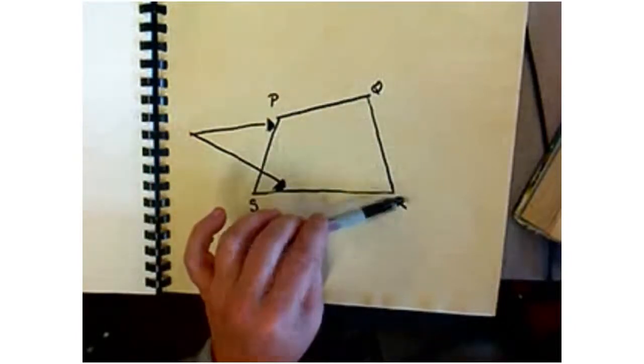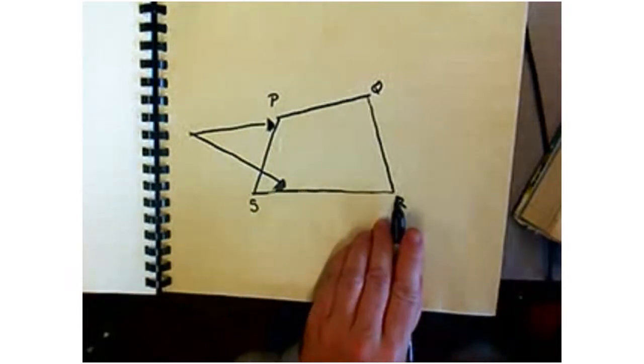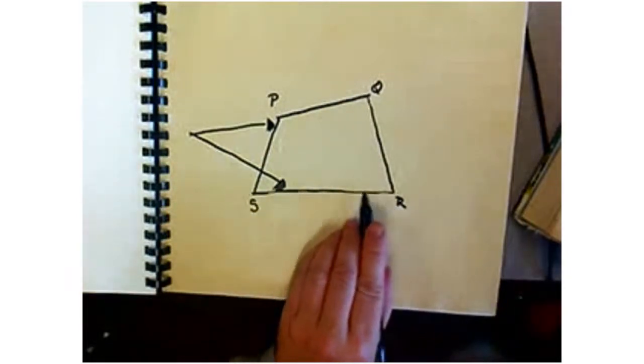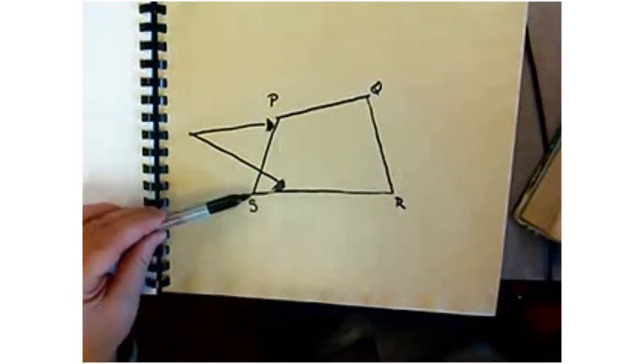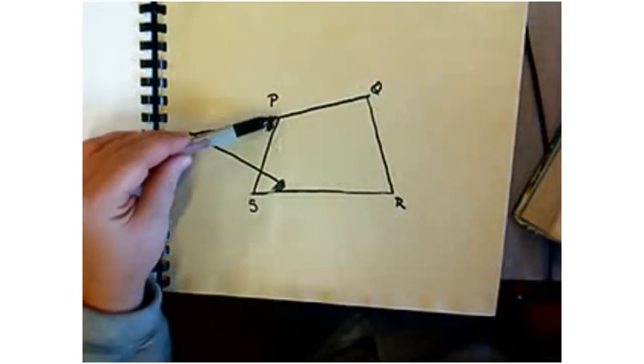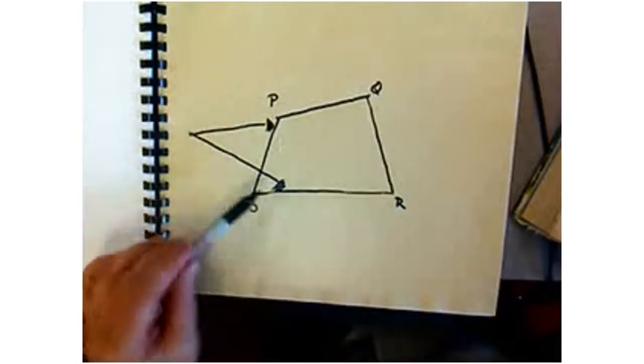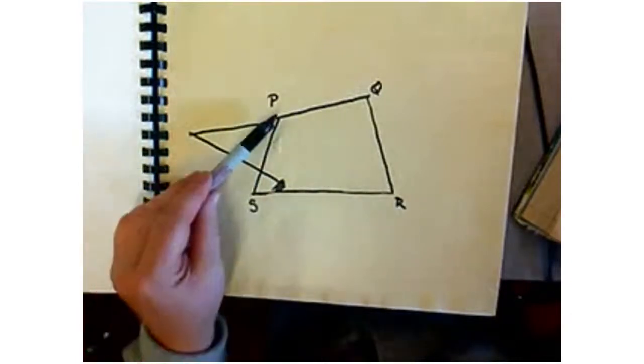All right? You could start at R, down on the bottom right, go all the way over to the left to S. RS is consecutive to SP, because you turn the corner to go SP. So just one after the other, one side after the other.